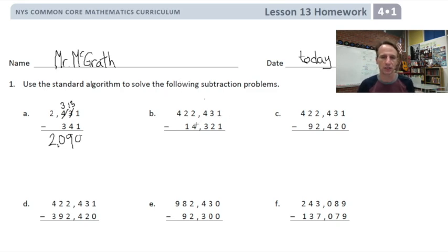Let's look at B. Again, we have the 1, 2, 3, 4 thing going on. So let's start off. In the ones place, 1 minus 1 is, yes, still 0. 3 minus 2, got it, 1. 4 minus 3, also 1. Now we go to do 2 minus 4. Okay, we see we need to regroup here.